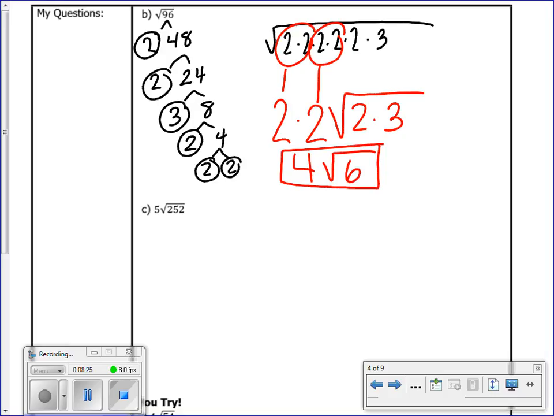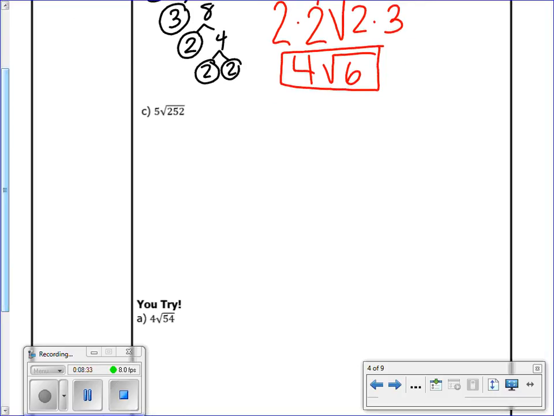Notice with letter C, it's 5 square root 252. So when you break down 252, the biggest thing you have to remember is there's a 5 out in front. So we're first going to break down 252 into its primes. 252 is 2 times 126. 126 breaks down to 2 and 63. 63 breaks down to 3 and 21, and 21 breaks down to 3 and 7.